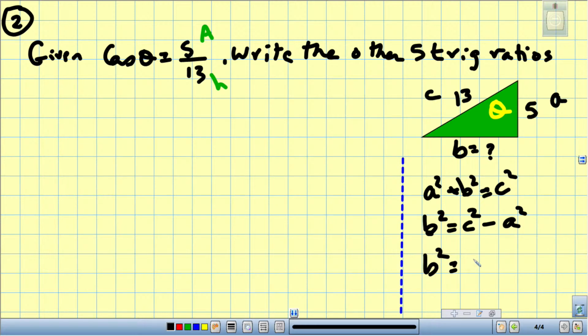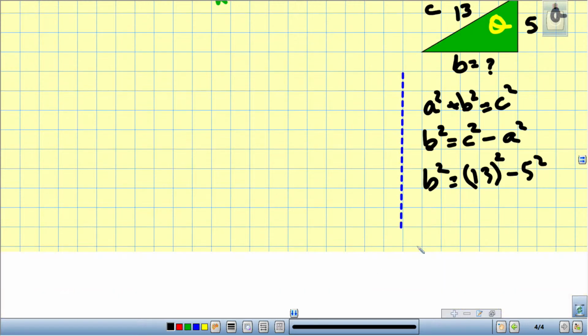b squared equals c squared, this is 13 squared, minus 5 squared. How much is 13 squared? 169 minus 25.